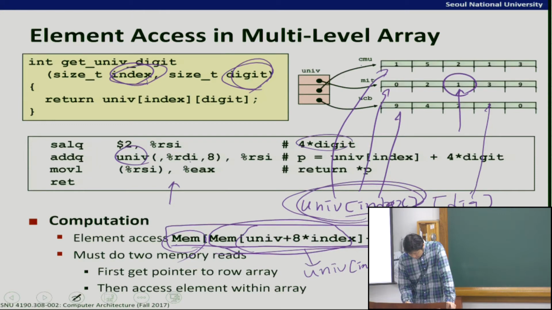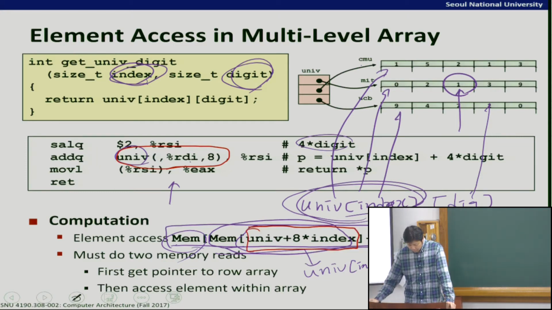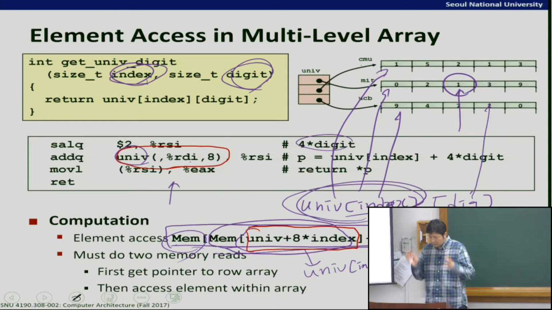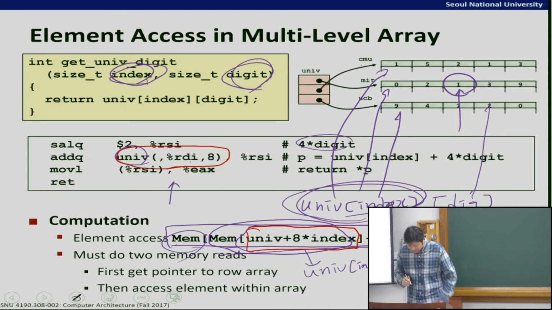So this part computes this one, right? So univ RDI 8 returns us the sum of univ plus 8 times index, right?